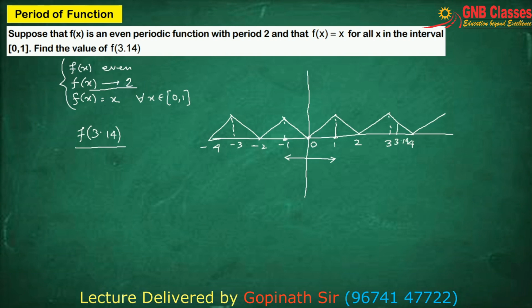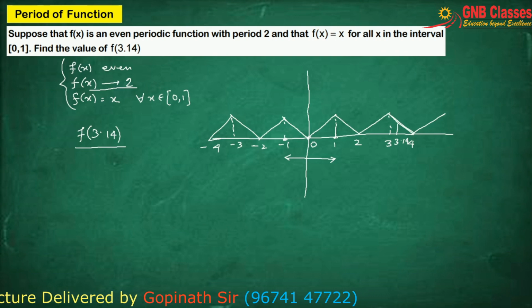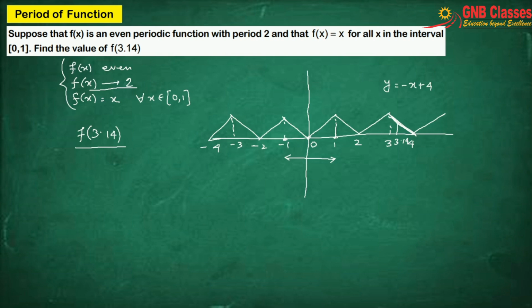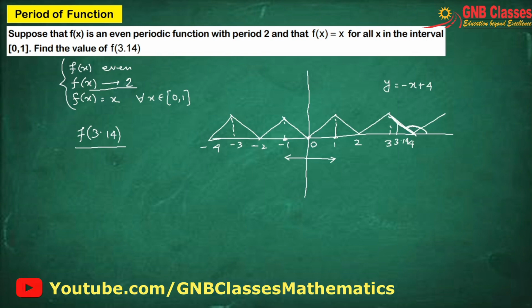So what is the equation of this line? This equation is nothing but y equals minus x plus 4. Yes or no? Because the slope of this line is 135 degrees, and tan 135 degrees is minus 1. So y equals minus x, and it is passing through the point (4, 0).